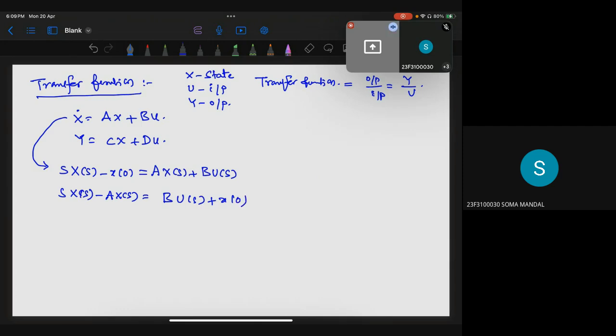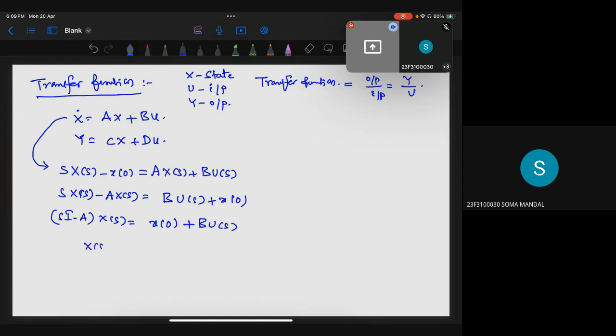So I can write this as (sI minus A) X(s) is equal to X(0) plus BU(s).